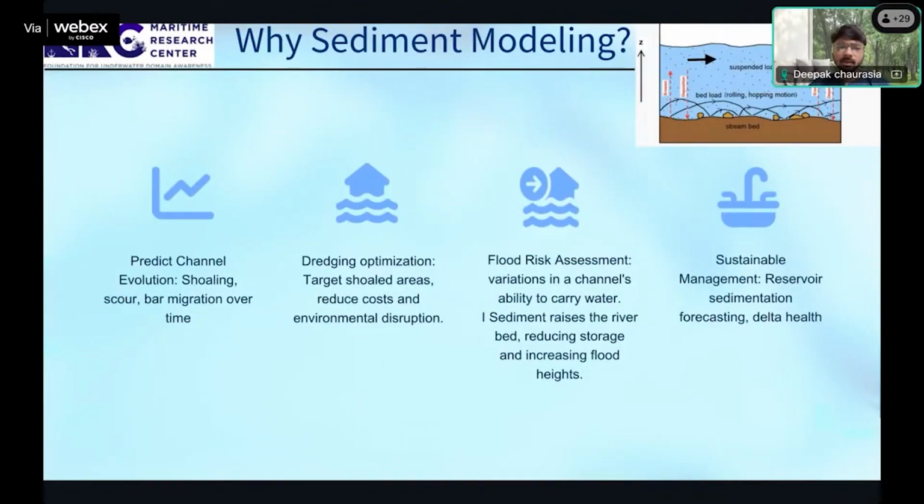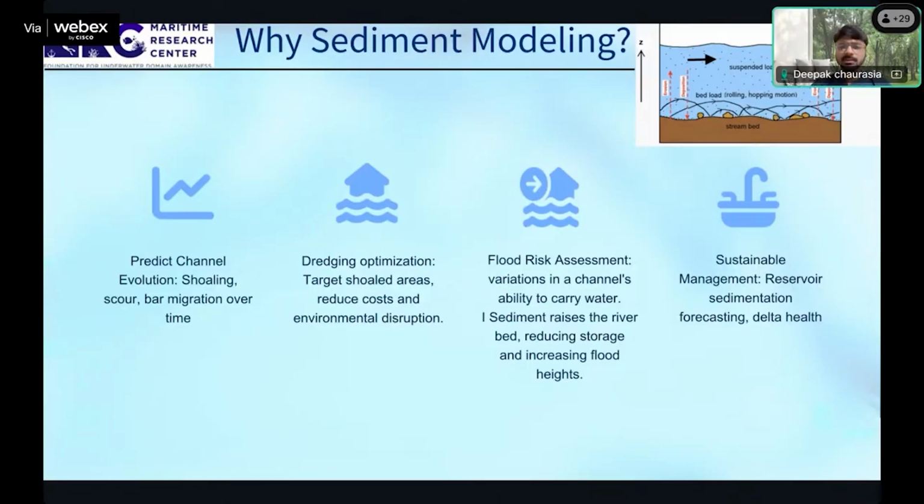So why are we doing sediment modeling? Basically, we are predicting the channel evolution, shoaling, scour, and bar migration. And second is dredging optimization, as we talked about in the last slide. By predicting our sediment, we can predict where we should dredge, where the sediment is more and where the sediment is less, so that we can optimize our dredging.